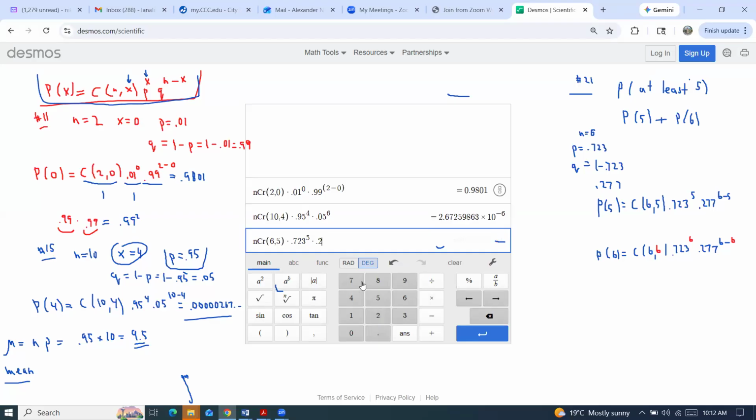So 0.277, and I raise this to the power, and then it's 6 minus 5, 1. Okay, so this is what I produced, about 32 something percent, 0.328, dot, dot, dot. So I'll keep a few decimals.